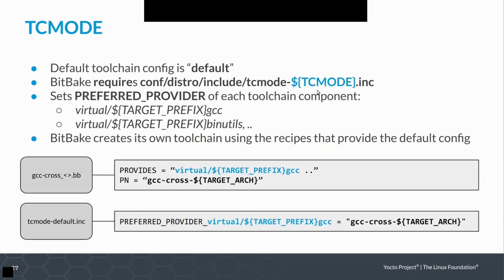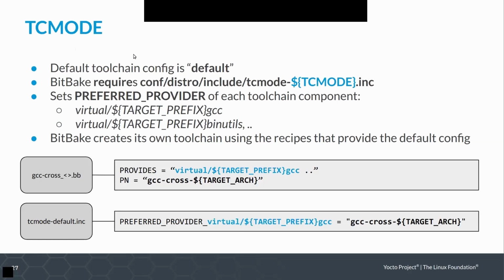So the default configuration file exists, and the default configuration file is what sets the preferred provider for the compiler, binutils, and all other necessary recipes or packages for creating the toolchain.